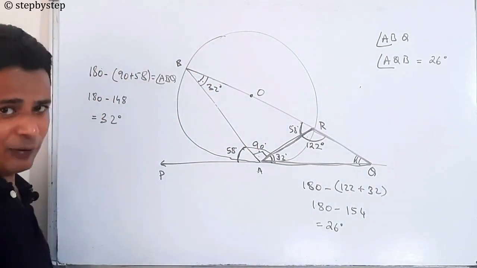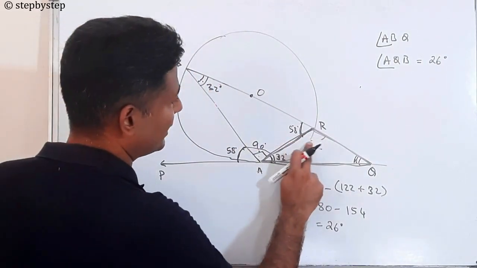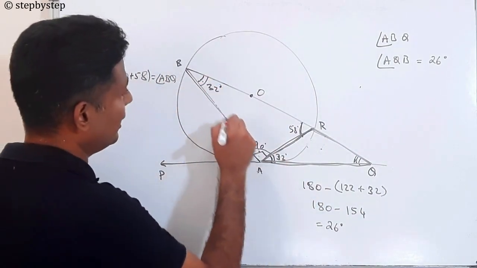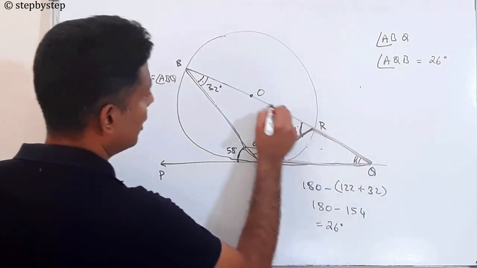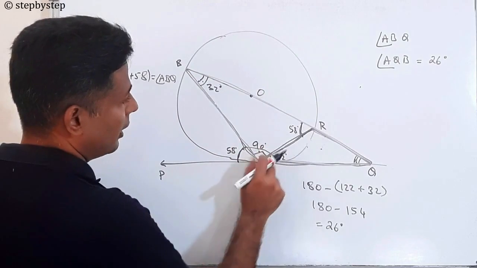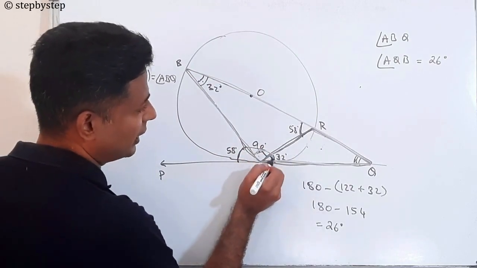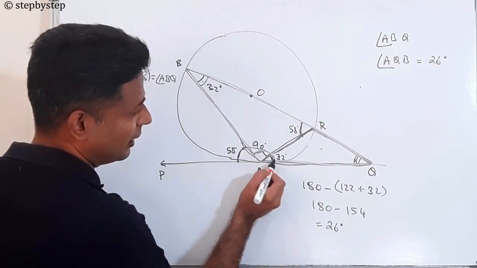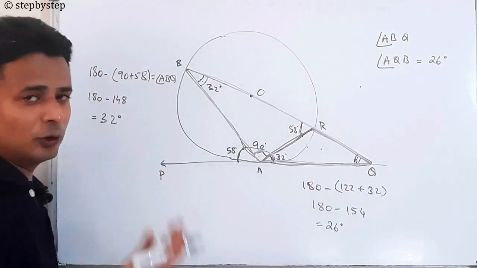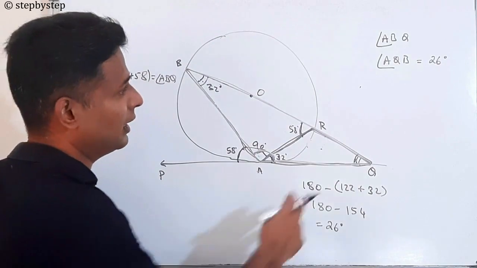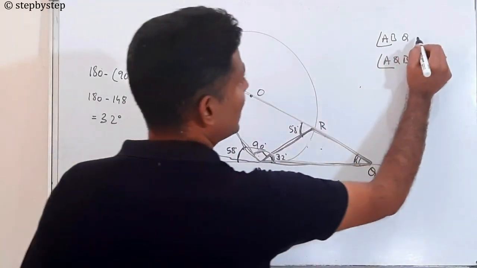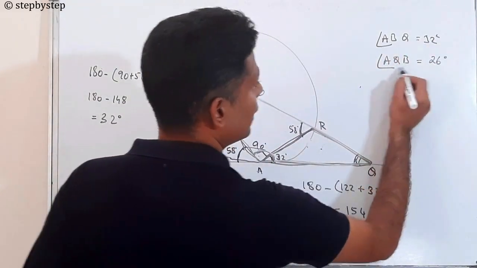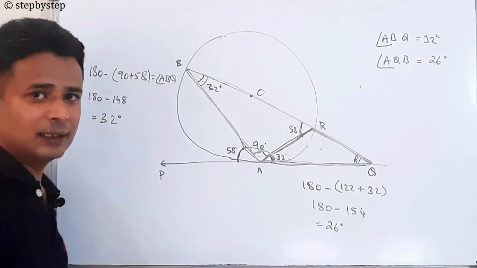This is one way you could have solved it. Otherwise, instead of finding this angle, you could have taken this whole triangle. We know this is 90, we know this is 32. So we have this angle, we have this angle. This angle plus this angle plus this angle is 180. So using that also you could have found it. Either way, you would have got ABQ as 32 degrees and AQB as 26 degrees.